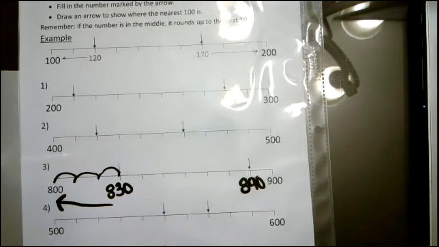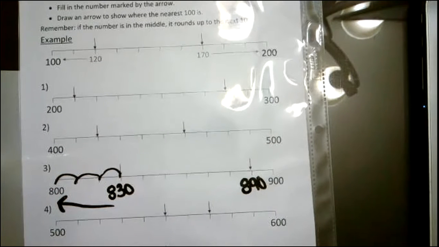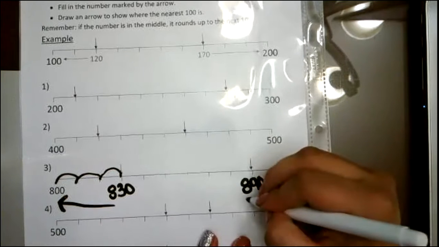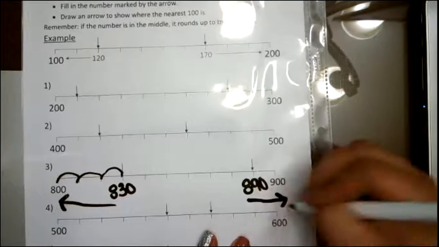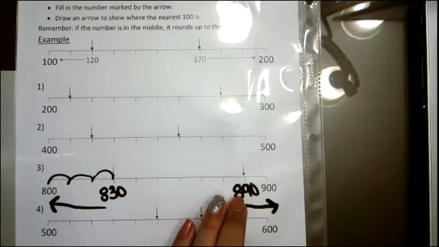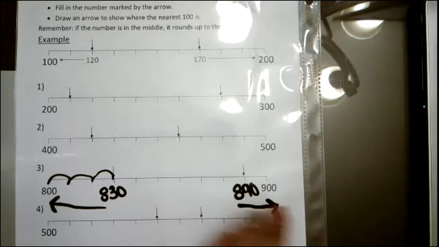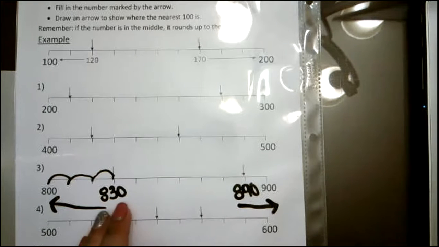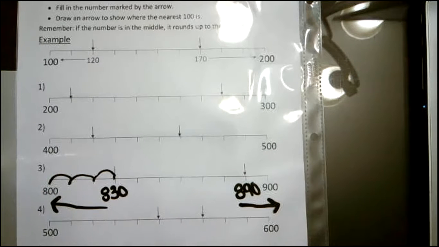Is that closer to 900 or is that closer to 800? It's closer to 900. So we're going to draw an arrow pointing towards the 900. That tells us that 890 rounded to the nearest 100 is 900. And 830 rounded to the nearest 100 is 800.